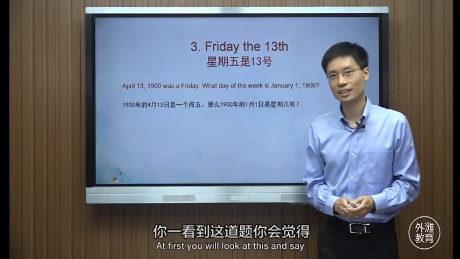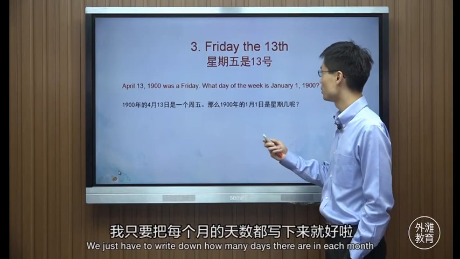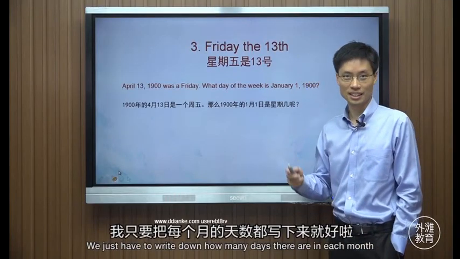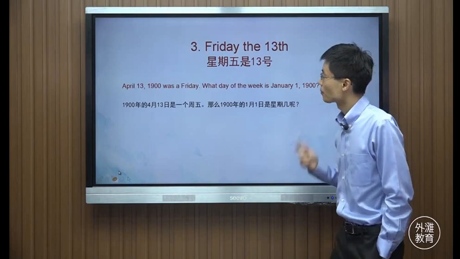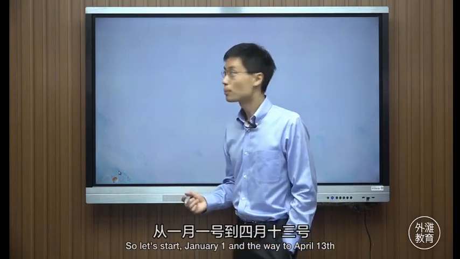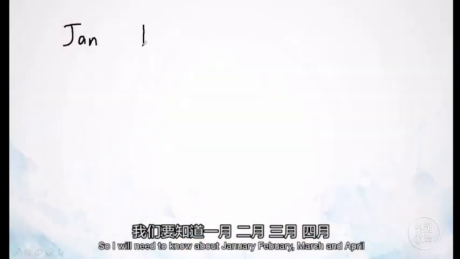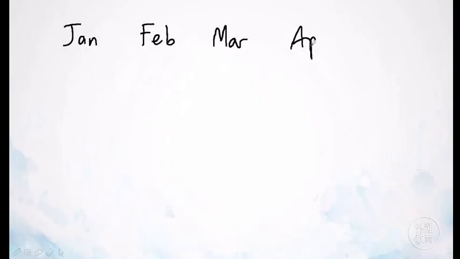At first you will look at this and say, this is not so difficult of a question. We just have to write down how many days there are in each month. So let's start. January 1 all the way to April 13. So I'll need to know about January, February, March, and April.